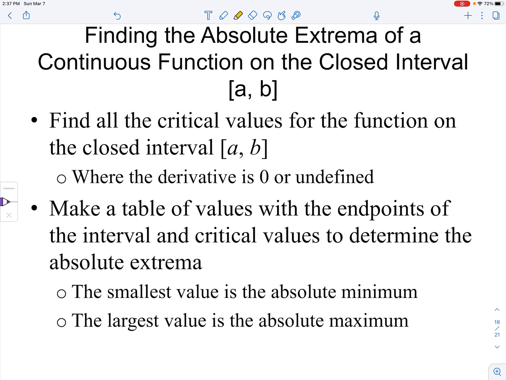Then you're going to make a table of values with the endpoints of the interval and the critical values to determine the absolute extrema. Because absolute extrema will either occur at an endpoint, or if it occurs somewhere on the interval from a to b, between a and b but not including a and b, then the extrema will occur at critical values, right?